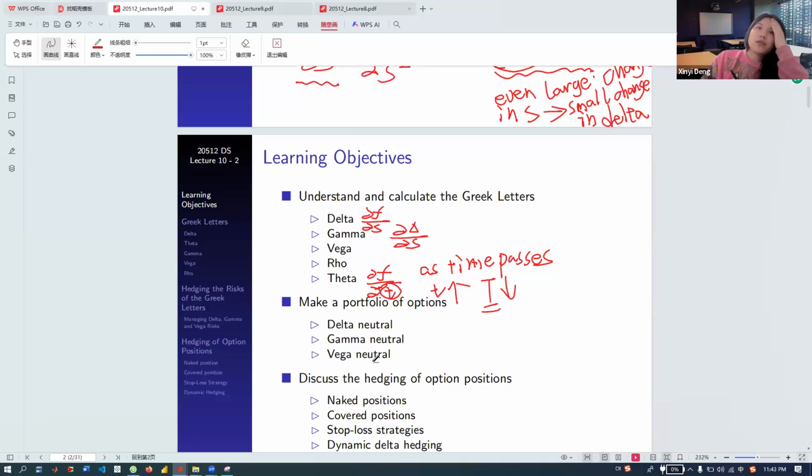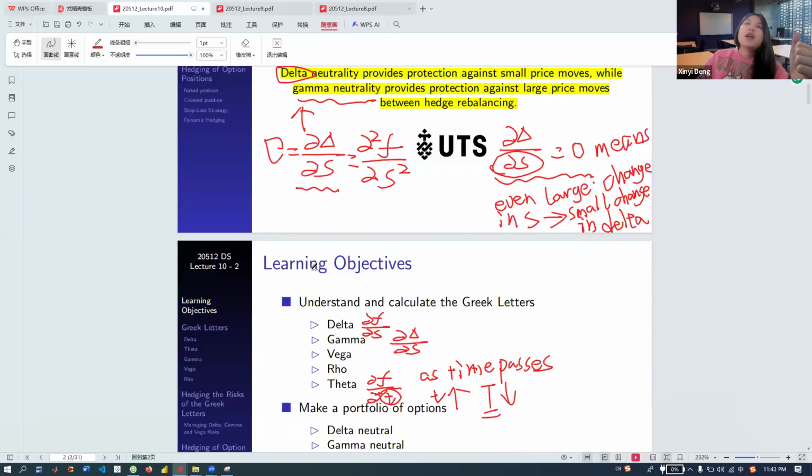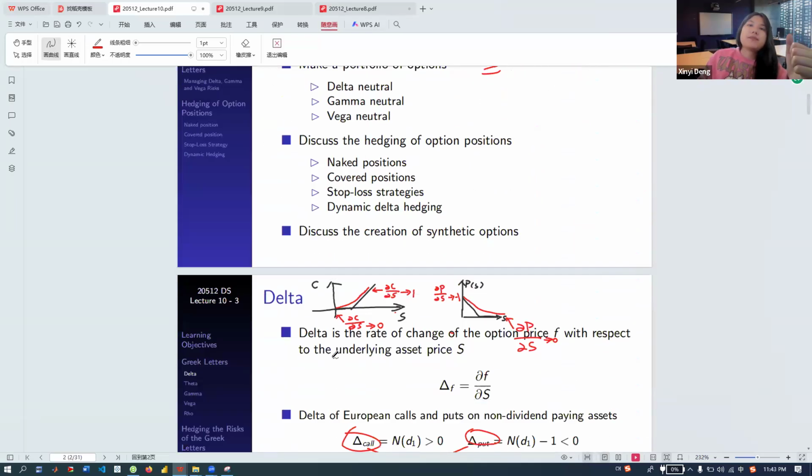So the third learning objective is that we are going to discuss the hedging of option positions, specific hedging strategies, and compare across the four strategies. Yeah, that's pretty much the learning objectives. Now let's move on to the next page.